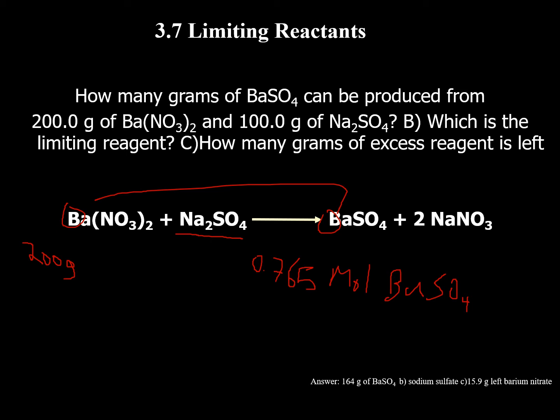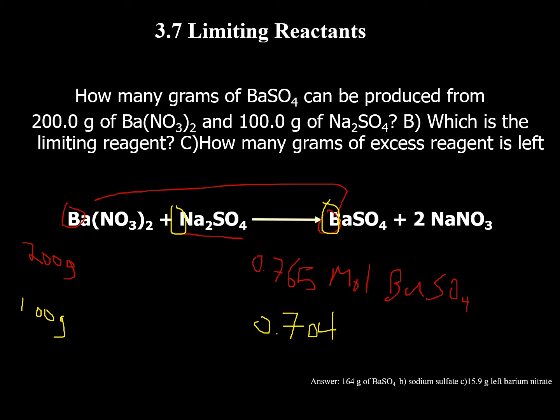So if I start out with 100 grams of sodium sulfate, I again find the molar mass from the periodic table, and I determine it to be 142 grams per mole. I multiply by the mole ratio, so 1:1, and I got a number of 0.7704 moles of BaSO4.